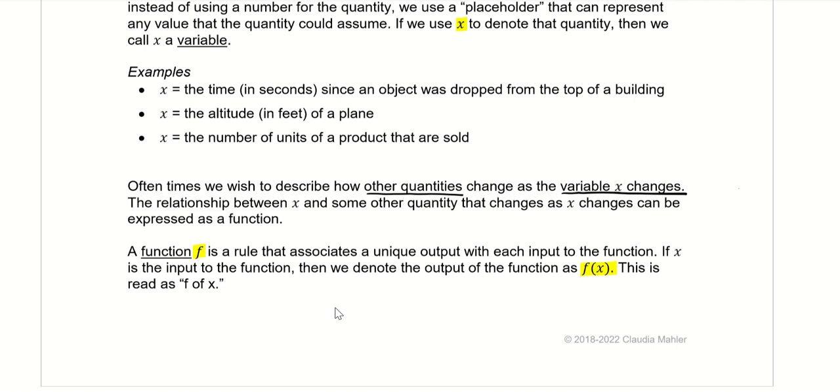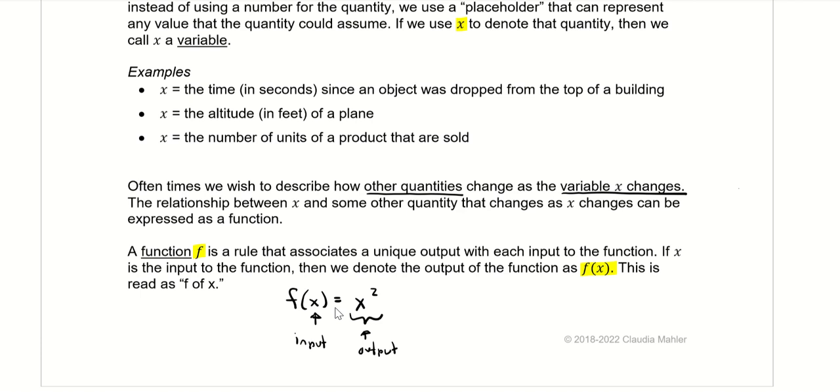So a very common way that we see functions written, if the function is named f, we can see it written as f of x, if x is the input to the function. So a really simple example of a function would be, say, f of x equals x squared. So this is telling us a rule. It's telling us for whatever input we give it, whatever this value of x is, it's going to give us a specific output.